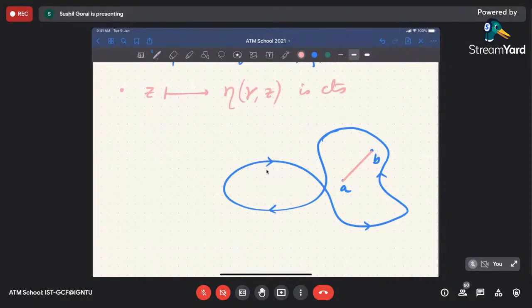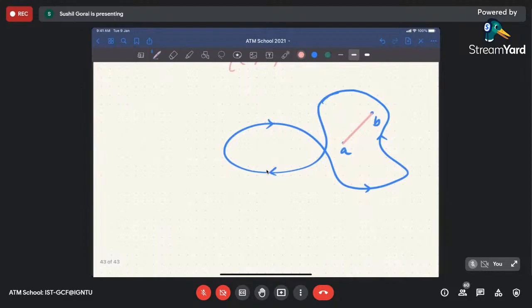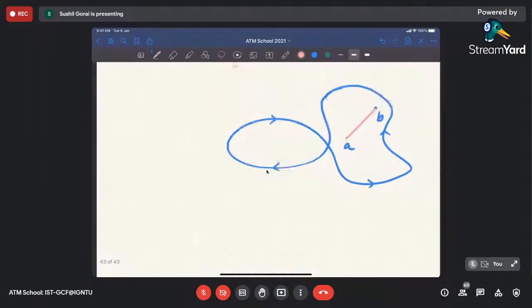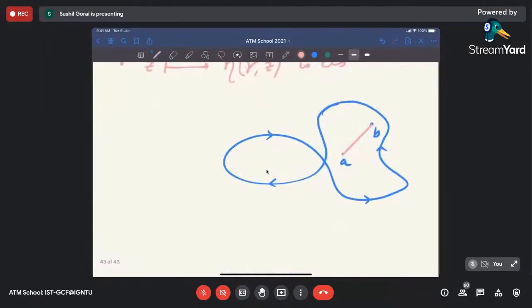You can look at a point A and a point B close enough, such that the straight line does not intersect gamma. This is a very nice argument.